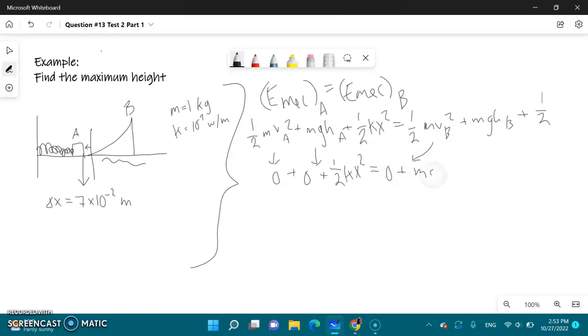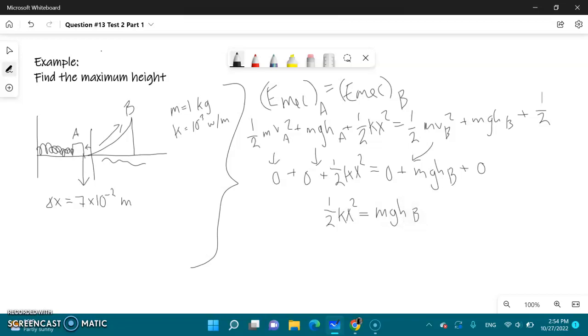And then m g h_B, we're not sure if it's 0 yet, because over here it does get launched and there is a velocity, but we don't know what that velocity is. And then plus 0 in this case, because there is no spring. And then we are left with half k x squared is equal to m g h_B.